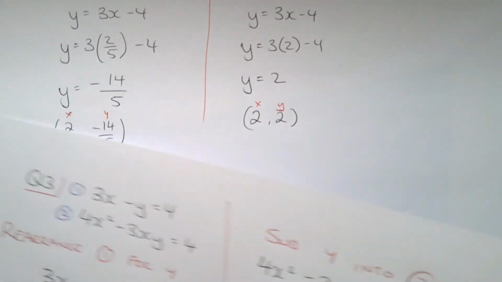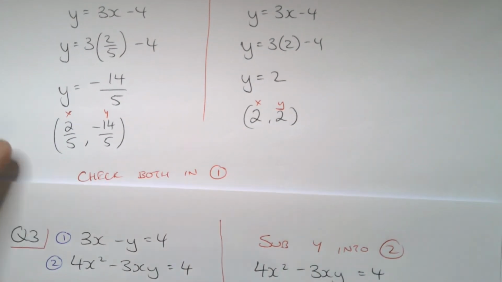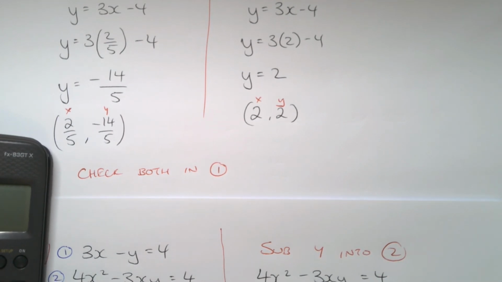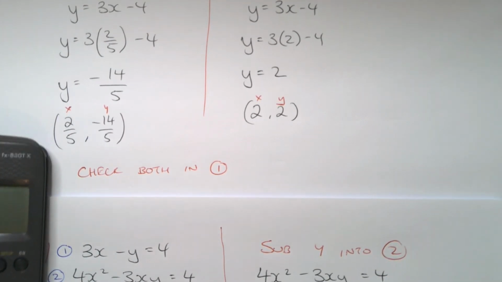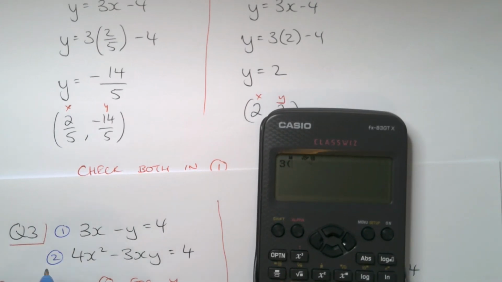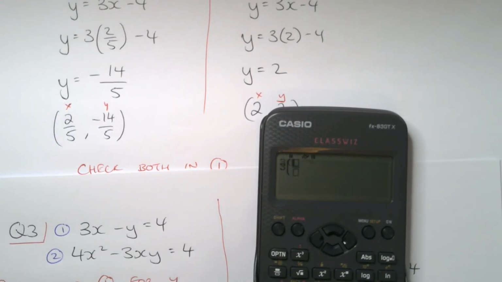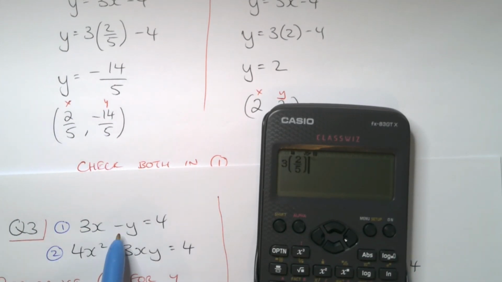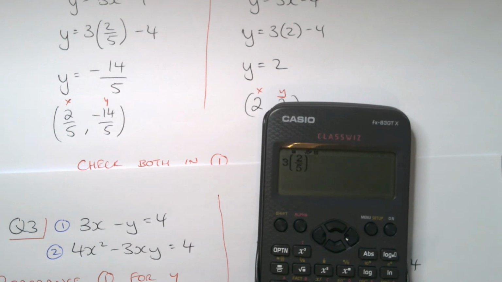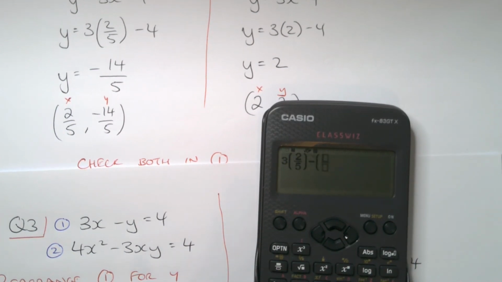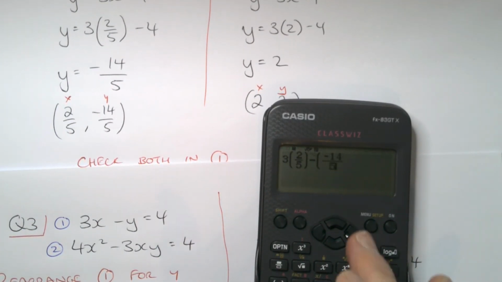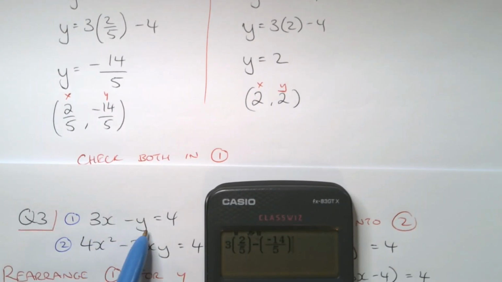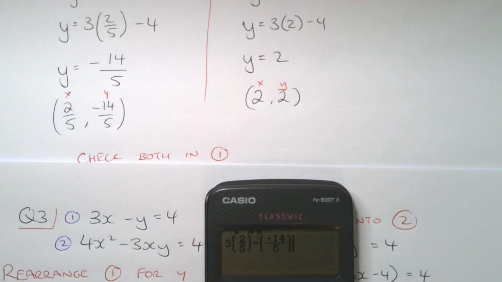If I go back to equation 1, 3x minus y equals 4, grab your calculator and say 3 bracket, and I'm going to replace the x with 2 over 5, so 2 over 5, and then minus the y value I got, so minus bracket minus 14 over 5, close bracket. So I'm replacing 3x minus y with the x and y values we found.